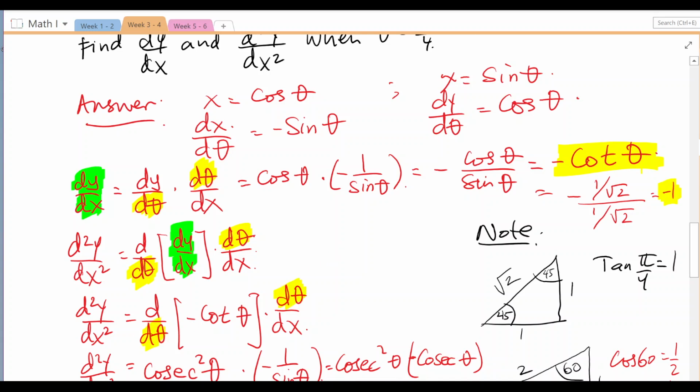This d theta can get cancelled with the d theta over dx, therefore we're still taking the derivative of negative cotangent theta with respect to x, and because this is a first derivative, this is equivalent to the second derivative.